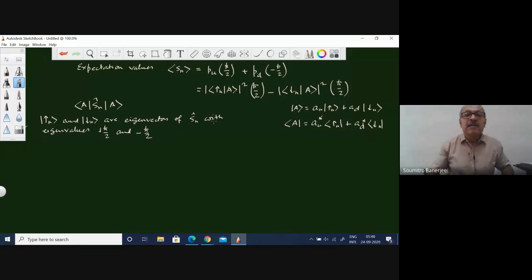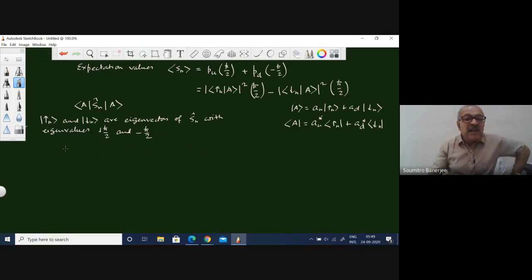This is the observer, and the observed, if it is in this state, it is guaranteed to be observed with this eigenvalue. If it is in this state, it is guaranteed to be observed with this value. So these are the eigenvectors with these eigenvalues. This is something we know.